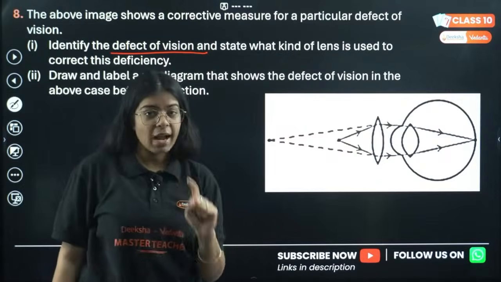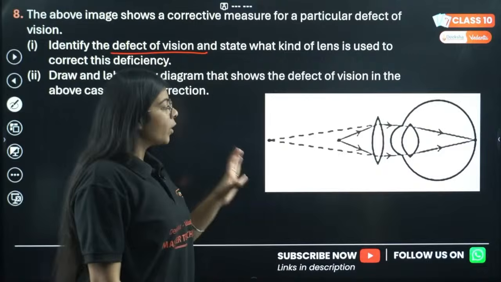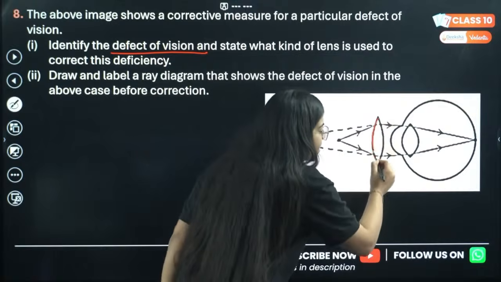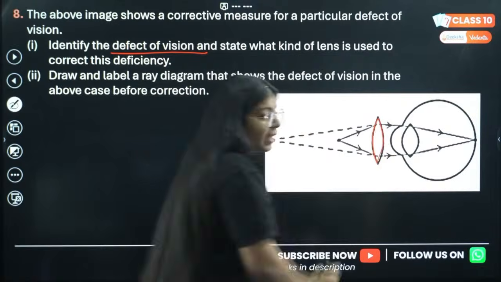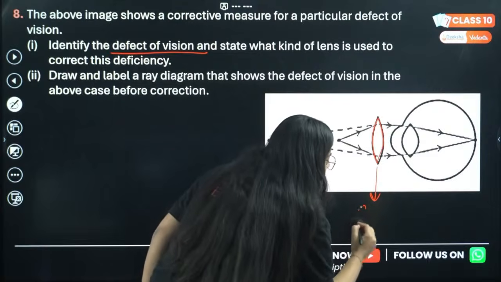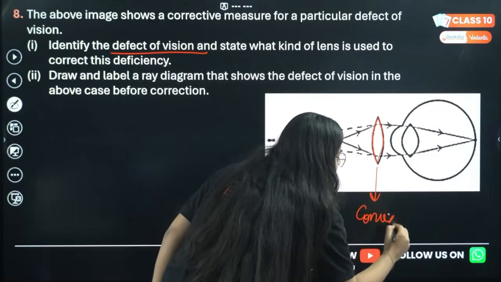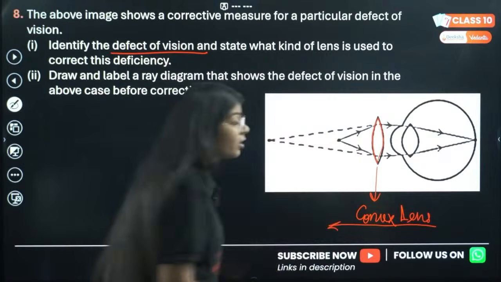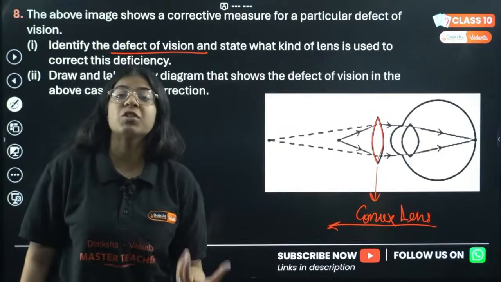Now, I need you to see this carefully. What you need to do is very simple. You just see what kind of lens we are using. Is it a concave lens or a convex lens? We know this is a convex lens. And a convex lens is used to correct which defect?